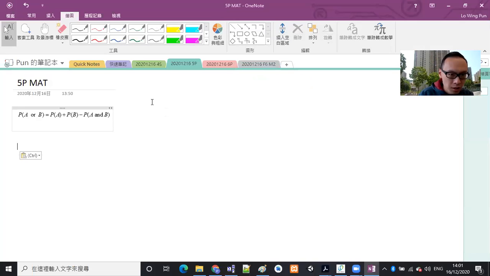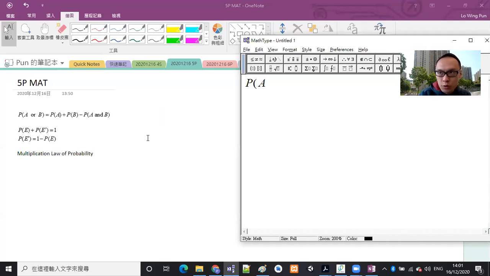And today we are going to start a new section, the multiplication law of probability. You do not need to understand this name, it's just the title of this section. But what you really need to know is that sometimes when we calculate P(A and B), it will be equal to P(A) times P(B).